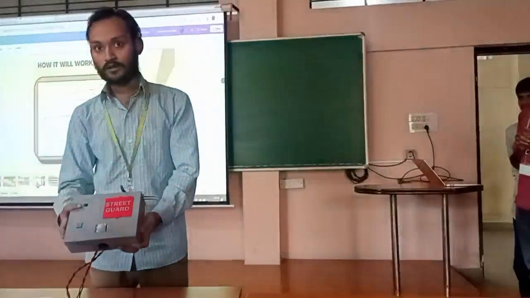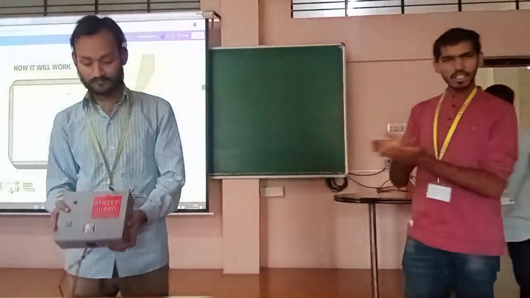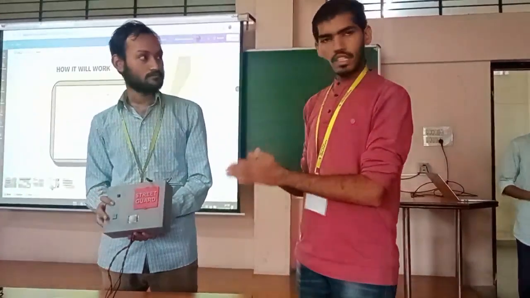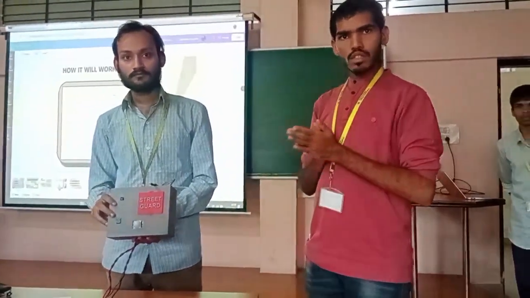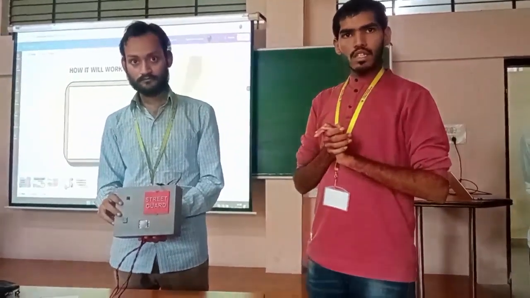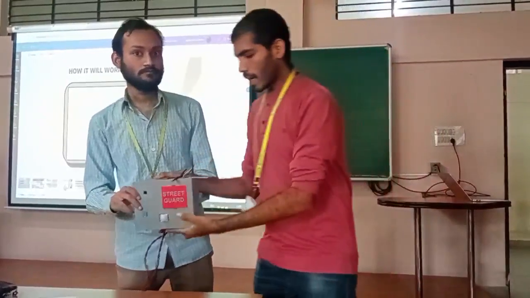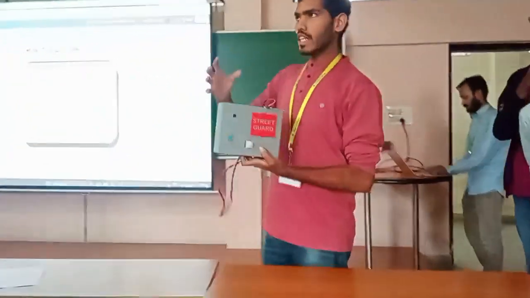What is its cost? Talking about the cost, sir, this is the prototype that we have made, and it cost approximately 3,000 rupees to prototype. So every street light we have to put this on. Yes. And where are you going to put it? Sir, you have a street light, and we have space for it to be adjusted in the middle.